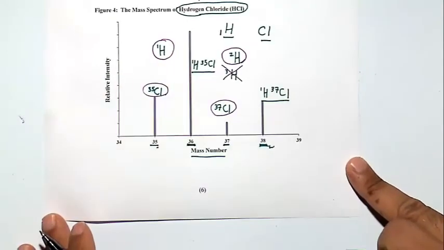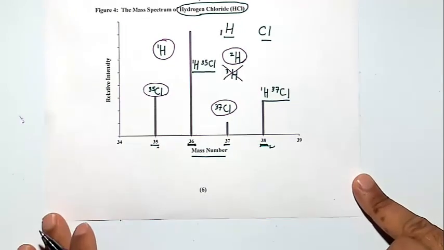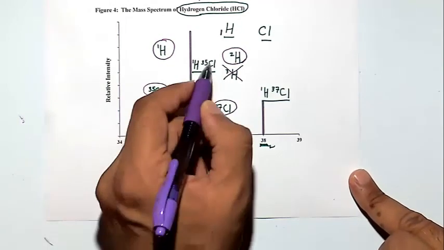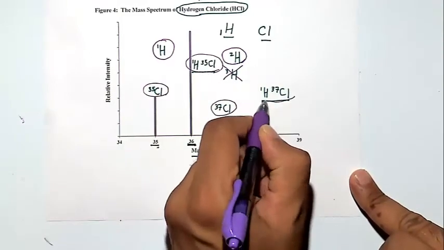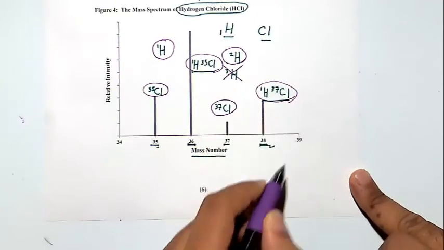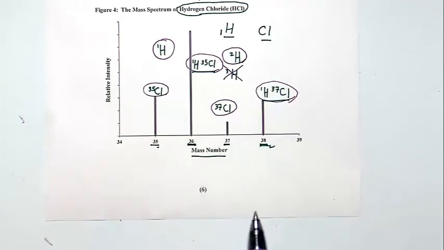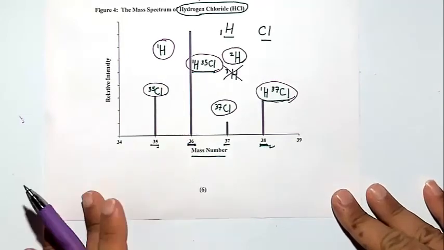So hydrogen chloride, its mass spec is pretty complicated, and it's not really pure hydrogen chloride. You have hydrogen chloride with this chlorine isotope, you have hydrogen chloride with this chlorine isotope. It all depends on, if you go back to your mercury example, their peak heights and the fractional abundances.